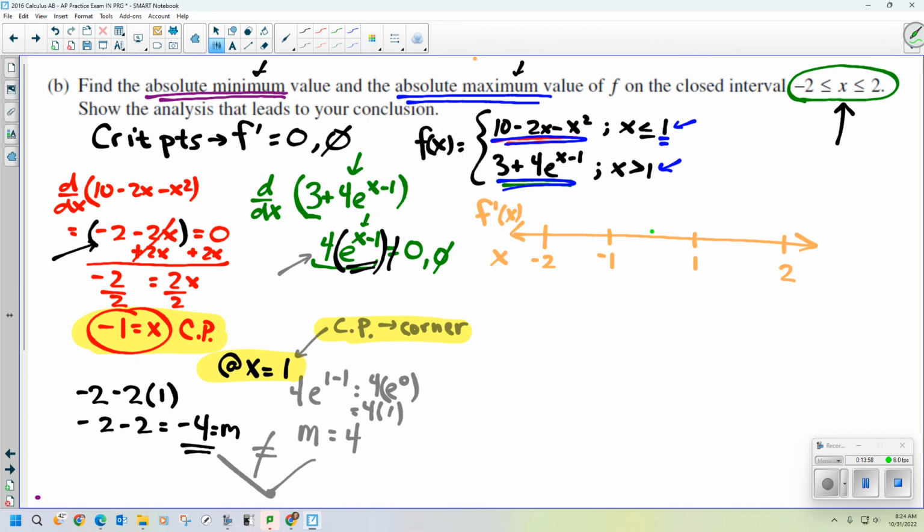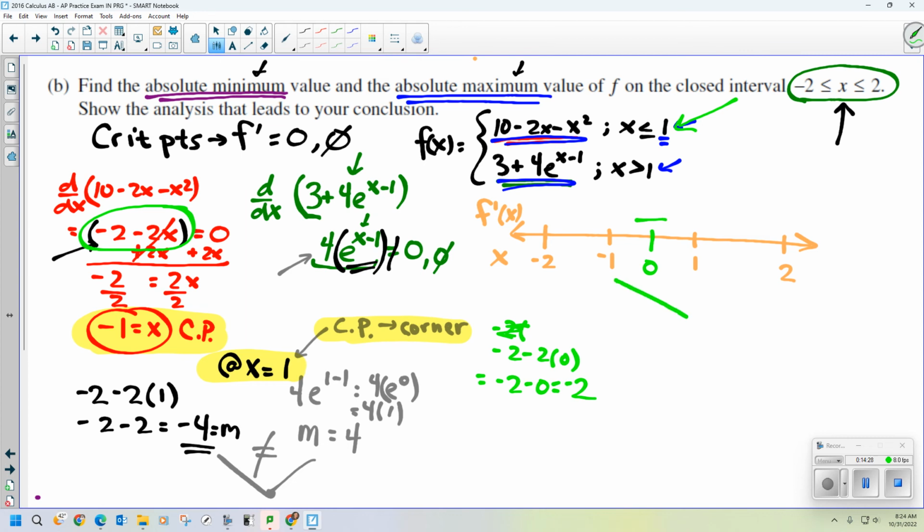First of all, when I'm checking 0, I'm going to use the left side. The derivative of the left side was this right here. So I'm going to put a 0: -2 minus 2 times 0 is -2 minus 0, which is -2. That's negative, so this slope is going downward.